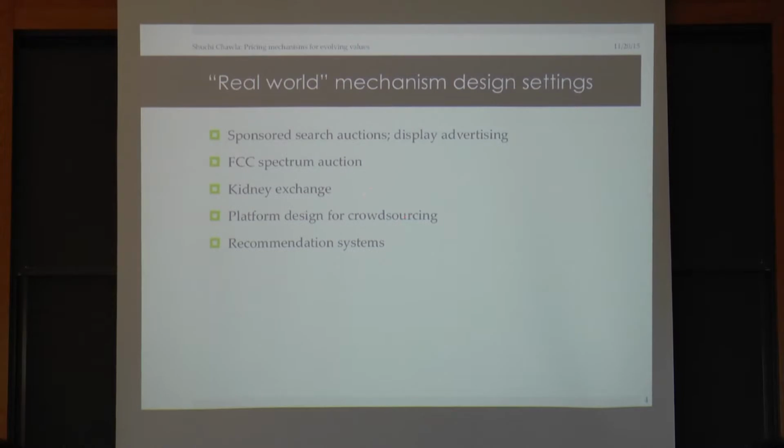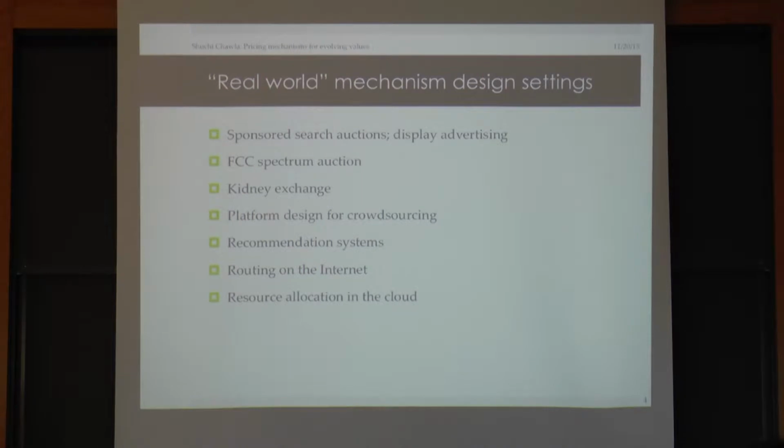Some examples of things that there's been a lot of work on are spectrum auctions, kidney exchange, recommendation systems. There are some examples on which there hasn't been enough work and is something that the community is looking towards: routing on the internet, resource allocation in the cloud. In fact, there's a workshop going on this week at the Simons Institute in Berkeley about the practice of mechanism design and application areas, and these are among the many topics that have come up this week.